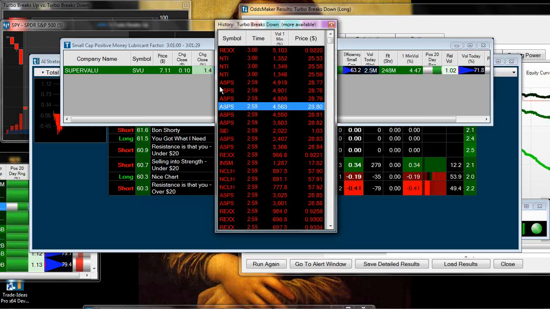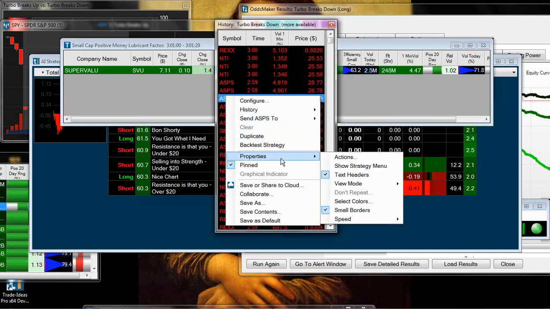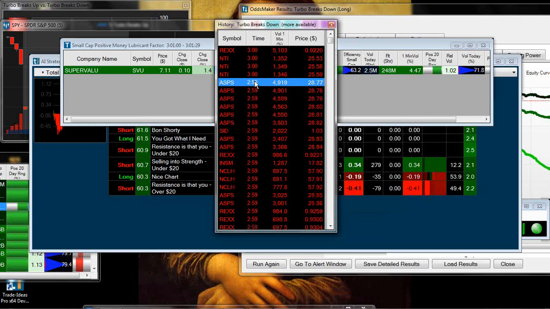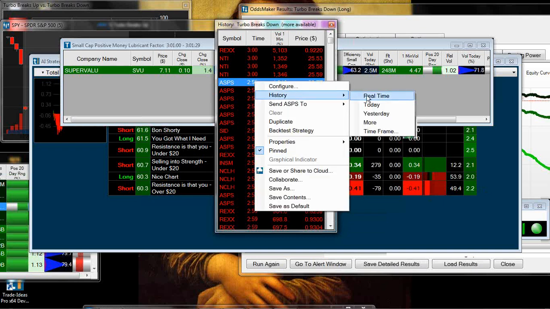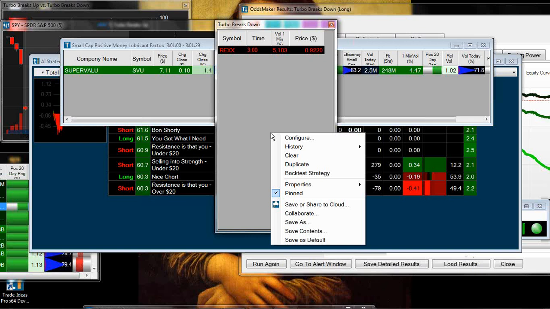Now, if you don't want to see the repeats, it's very simple, just right click, and I believe where they have put it is under properties and view mode. Oh, wait. Actually, all we have to do is put this back on real time to get that to show itself, and we just come down to the don't repeat.